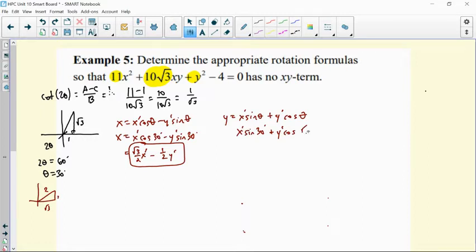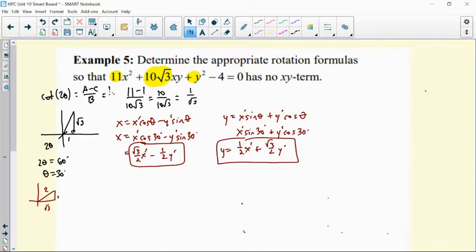Really for the purpose of this video, I'm doing these 2 steps. But once you know it, in your work, you just say, oh, sine of 30 is 1/2. So you could say, that's a 1/2 x prime plus root 3 over 2 y prime. So there's what the y is going to get replaced with.